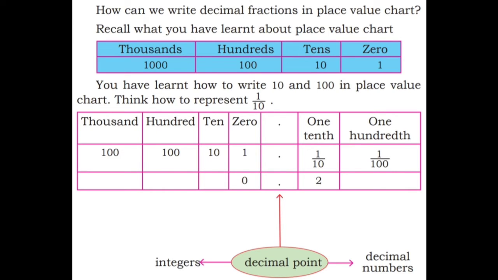How can we write decimal fractions in place value chart?